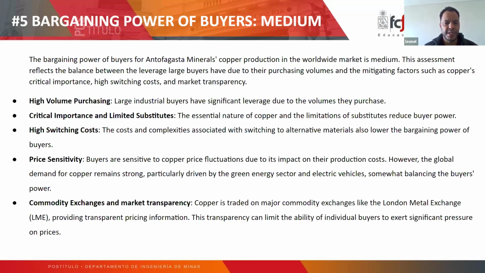However, because of the transparency from the exchange and the cost associated, and how difficult it is to get a substitute for copper because of its unique properties, as we were talking about before, the bargaining power of the buyers is limited in this sense.